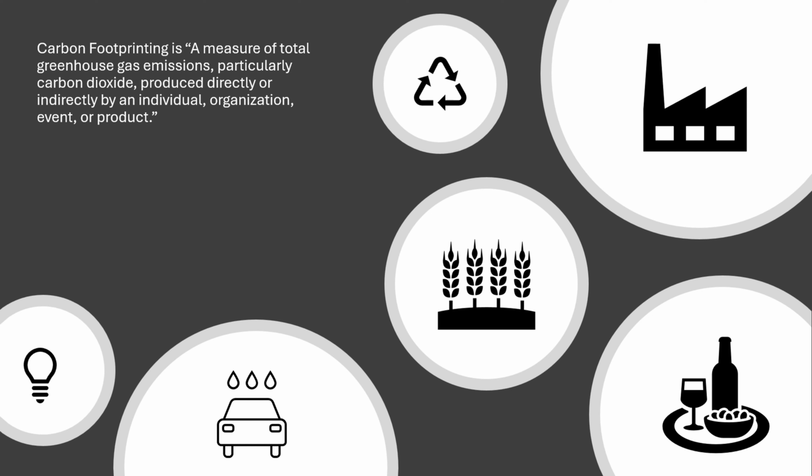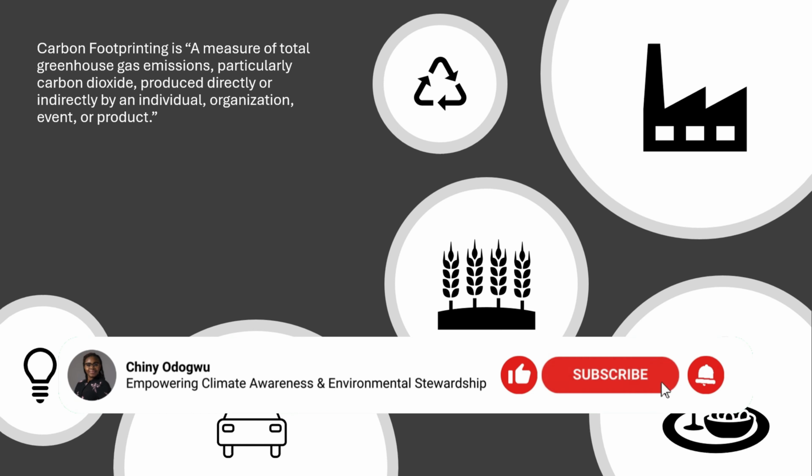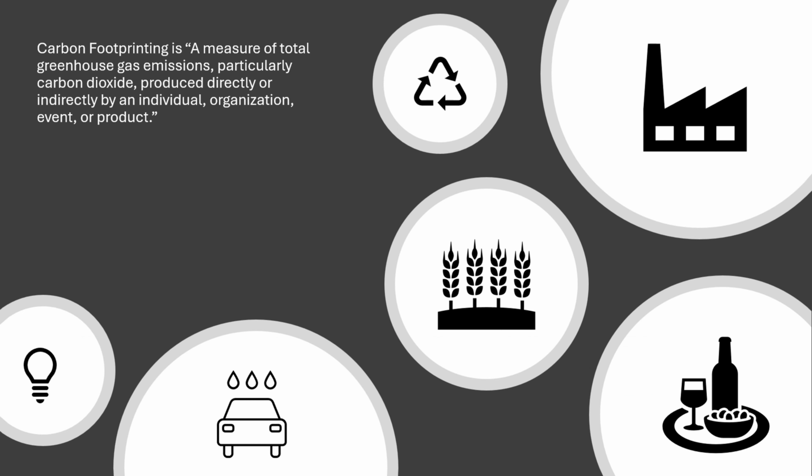It could be nitrous oxide, which comes from fertilizers and other sources. So all of these, fossil fuel from transportation, from the manufacturing sector, they emit one form of greenhouse gas or the other. So this is what carbon footprinting is.